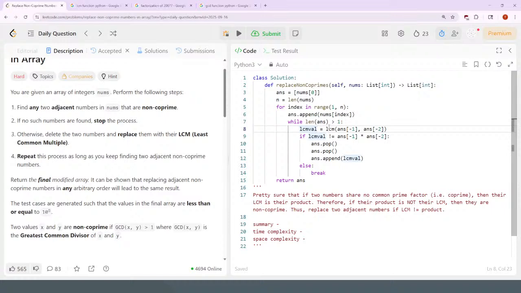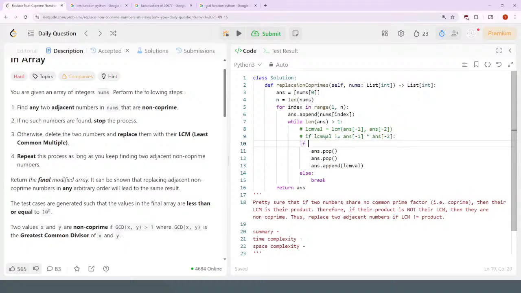I wonder if I should be using GCD logic instead here, like replace things if the GCD is greater than 1. Okay, let's try that actually. Okay.